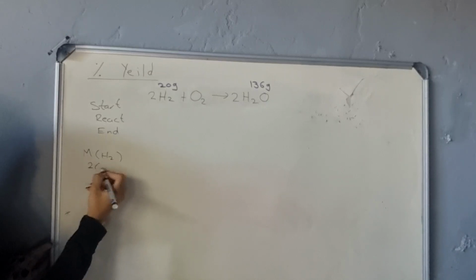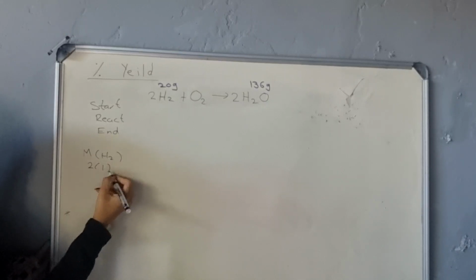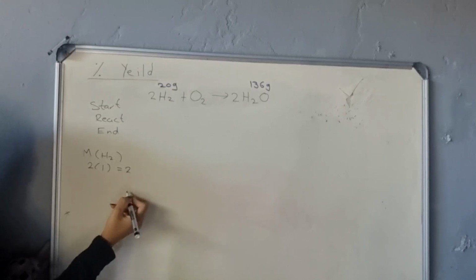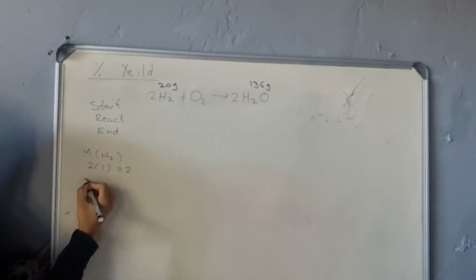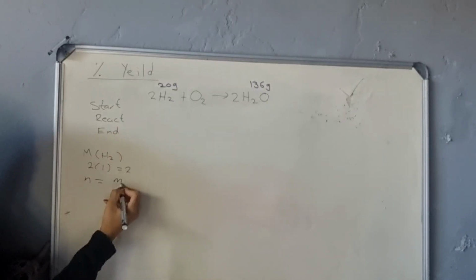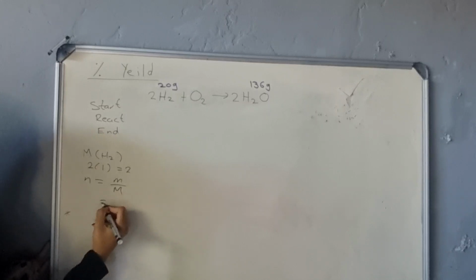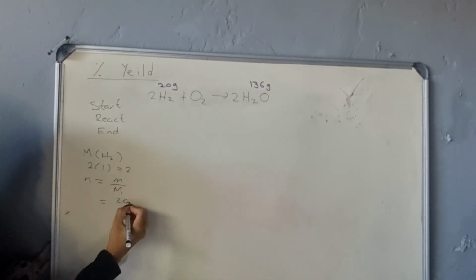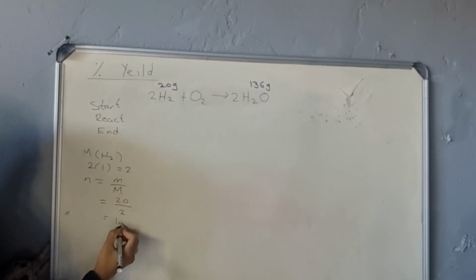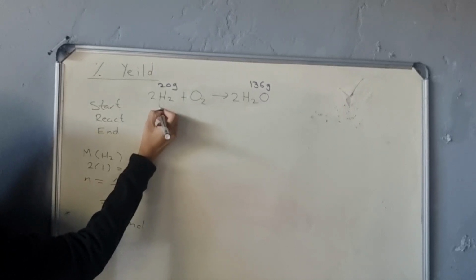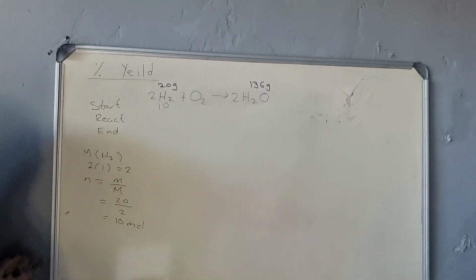So it'll be 2 because there's 2 hydrogens times 1, and that gives you 2. Then we can work out the number of moles. Number of moles equals mass over molar mass. The mass they've given us, which is 20, divided by the molar mass of 2, gives you 10 moles that we're starting with. So I'll write down 10 over here.